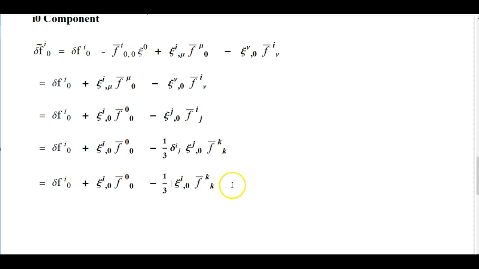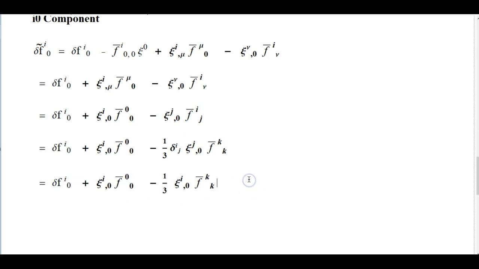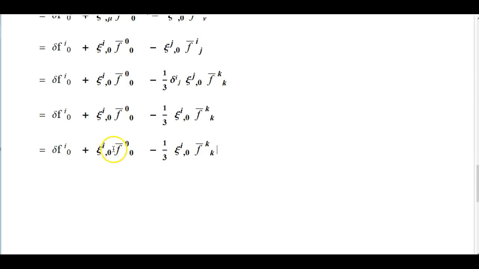Okay, so we have this. If you like, you can write it like this, or you may want to factor out xi i 0, minus the trace. Sorry, the trace of the ij matrix.